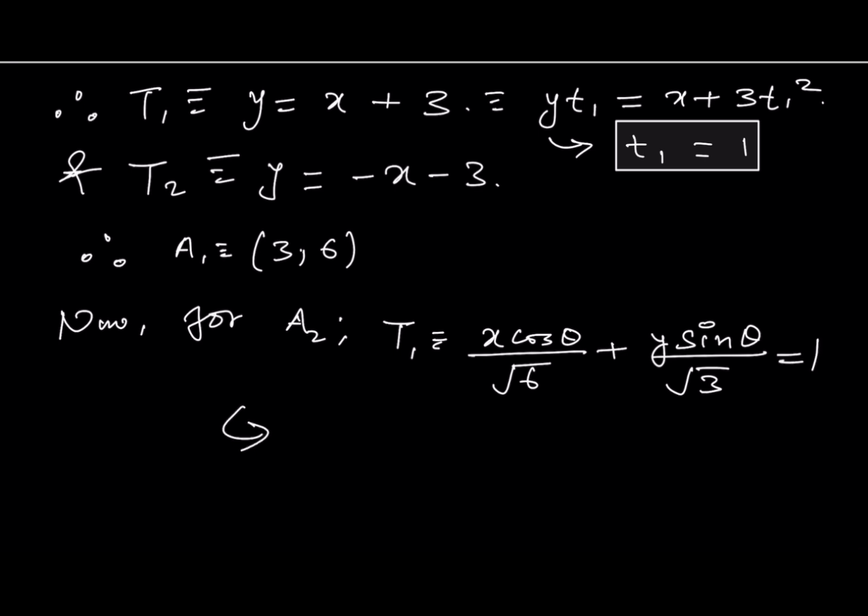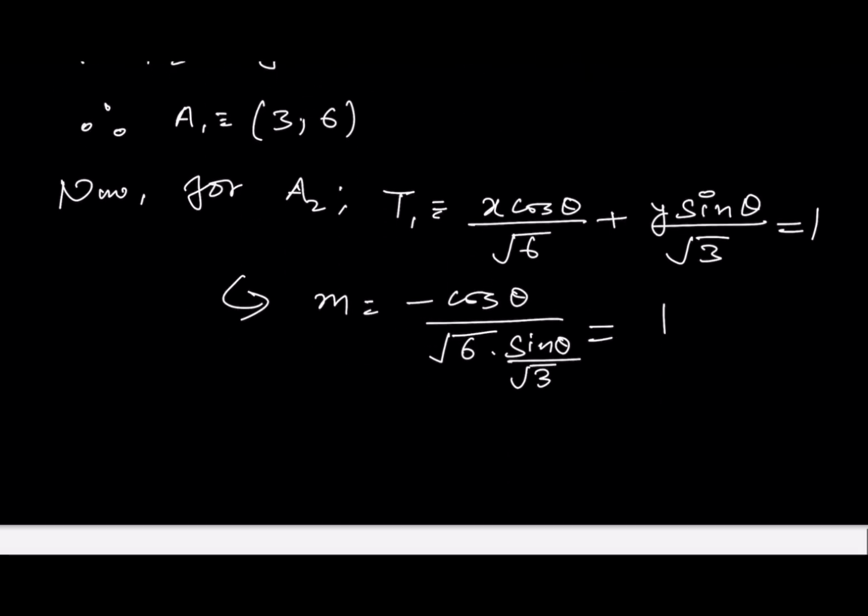So if I use the concept of slope, m is minus cos theta upon root 6 into sin theta upon root 3, which is equal to what?